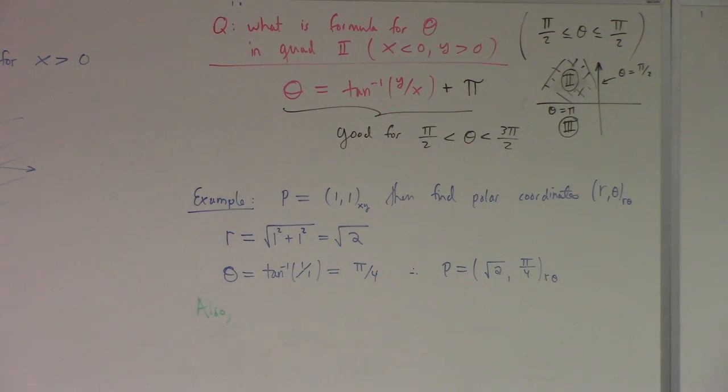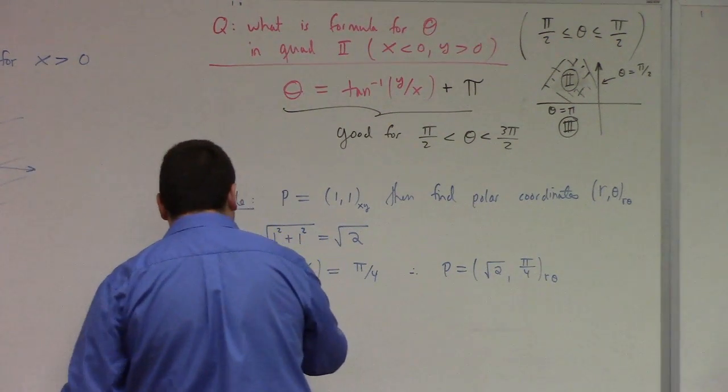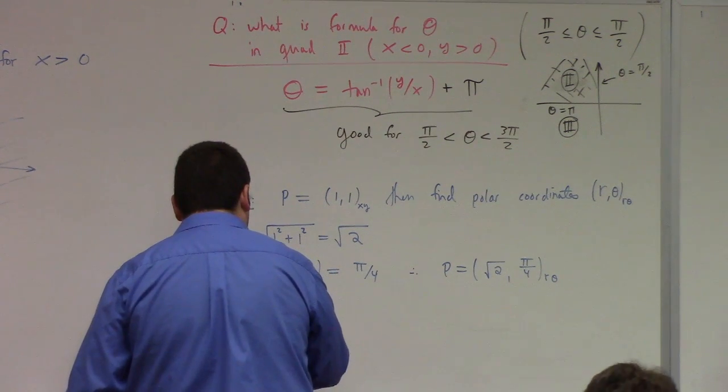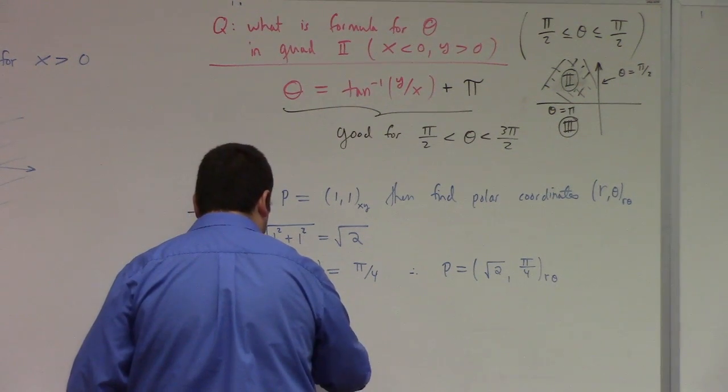How about this? What if I use r prime equal to minus the square root of 2? What if I use theta prime equal to 5 pi over 4?